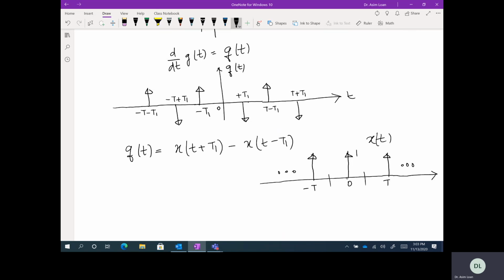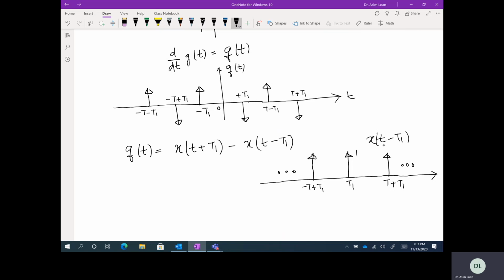If I shift it to the left, which simply means x of t minus t1, to the right, this will be at t1, this will be at t plus t1, and this will be at minus t plus t1, and so on and so forth. Let me get rid of this one.